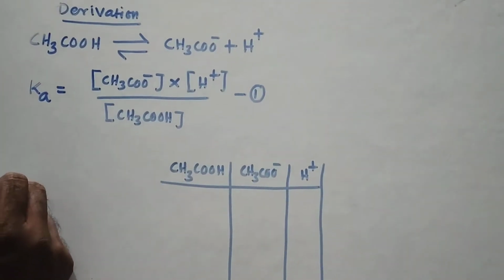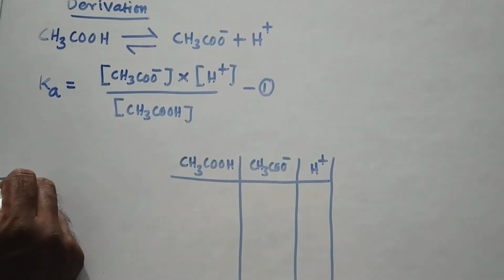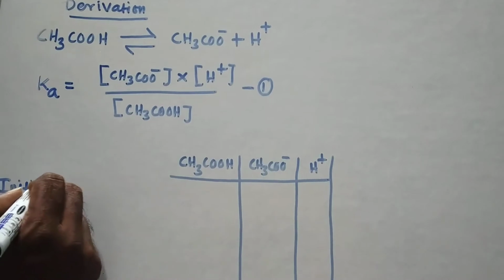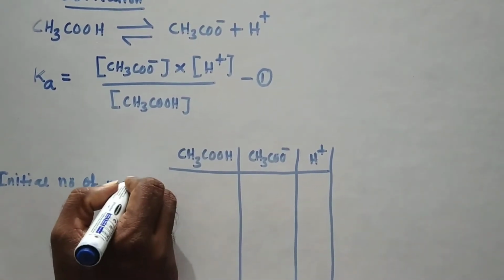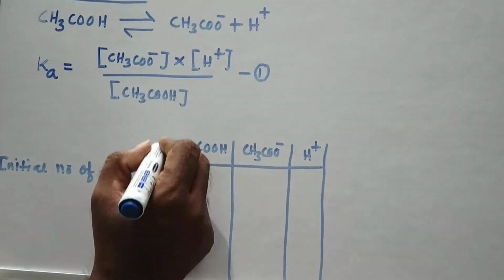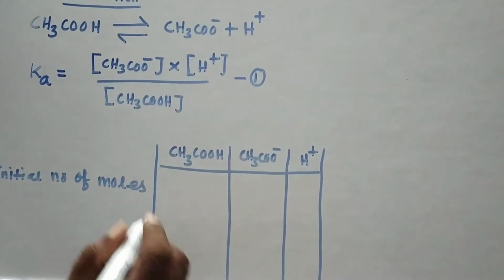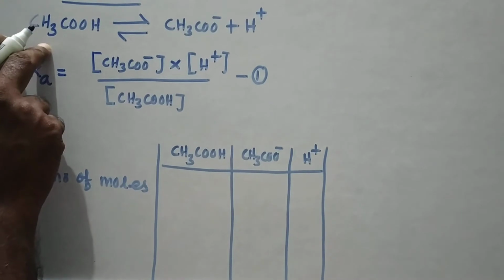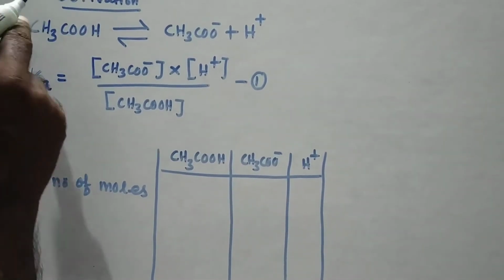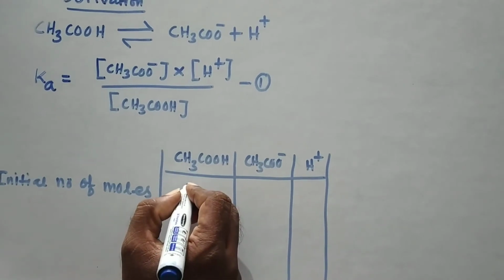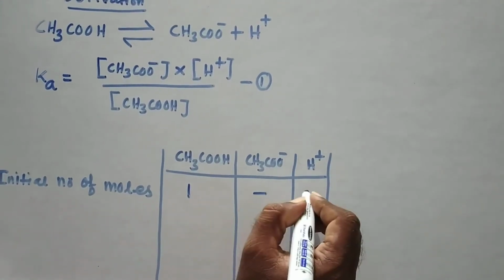First of all, initial number of moles. For initial number of moles, it's well known that for any reaction at initial only reactants are present. It means acetic acid is present. The number of moles is equal to 1. These are not present, therefore dash dash.